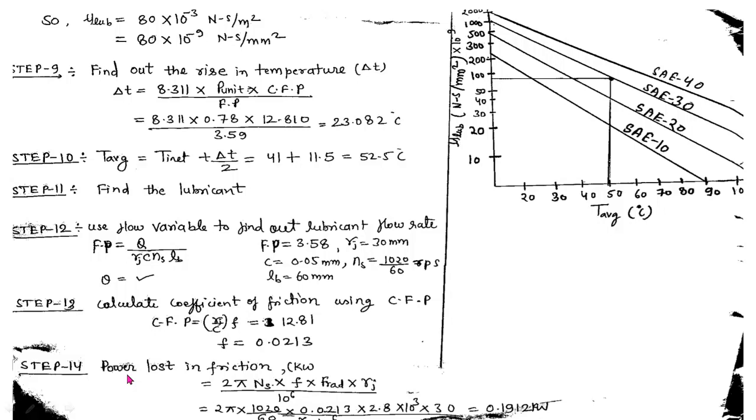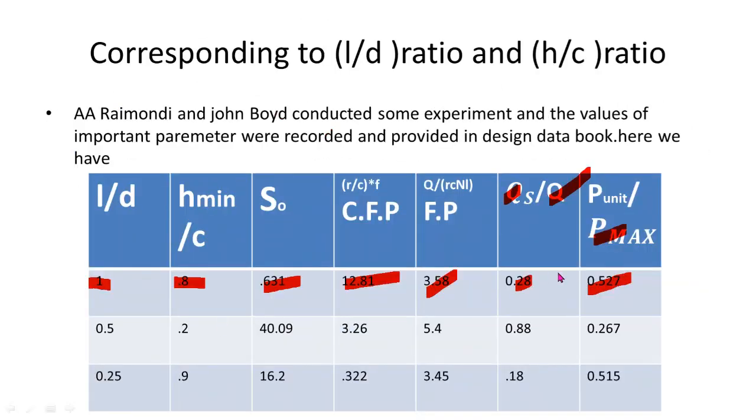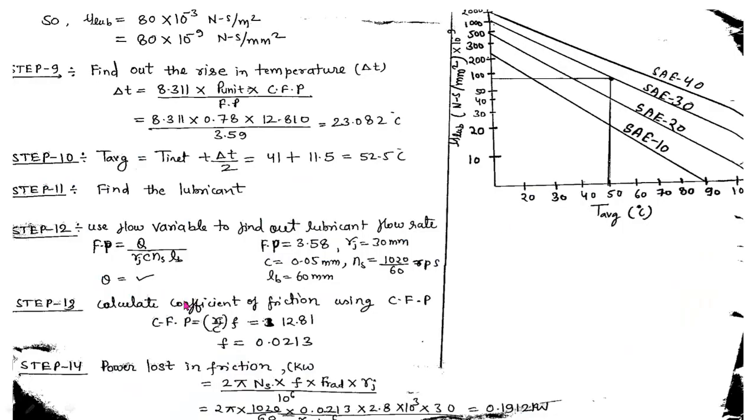So once the power lost in friction is calculated, the next step is to calculate the side leakage. Now friends, we already know the value of the lubricant flow rate from step number 12.